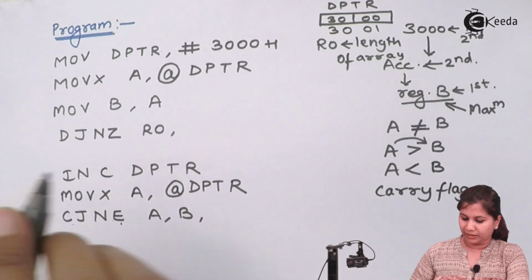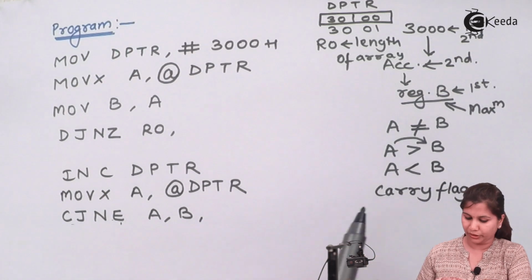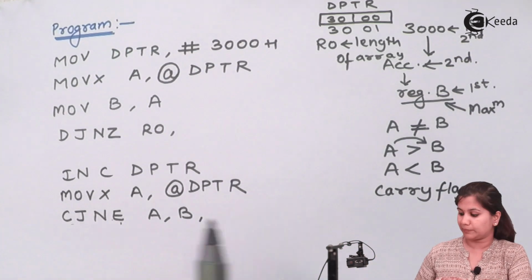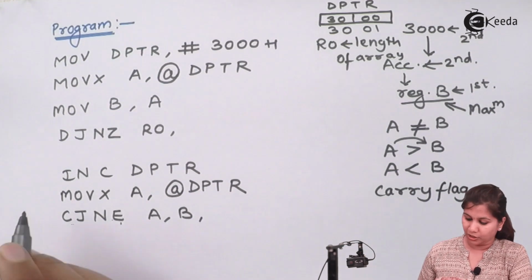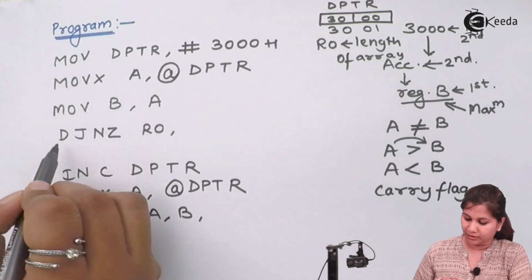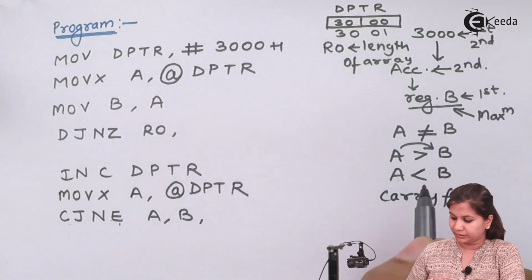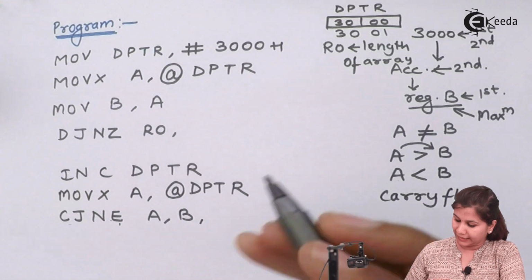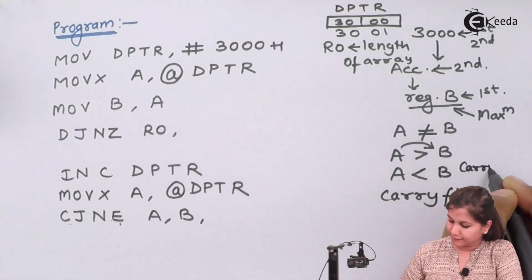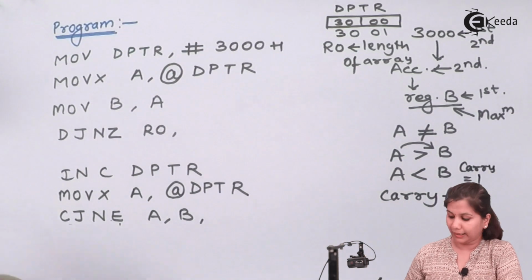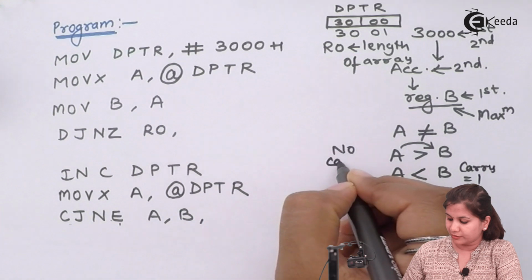When A is less than B, it is going to continue the process because in B we are already having the maximum. So when A is less than B, the carry will be generated, meaning the carry flag is 1. And when A is greater than B, no carry is generated.